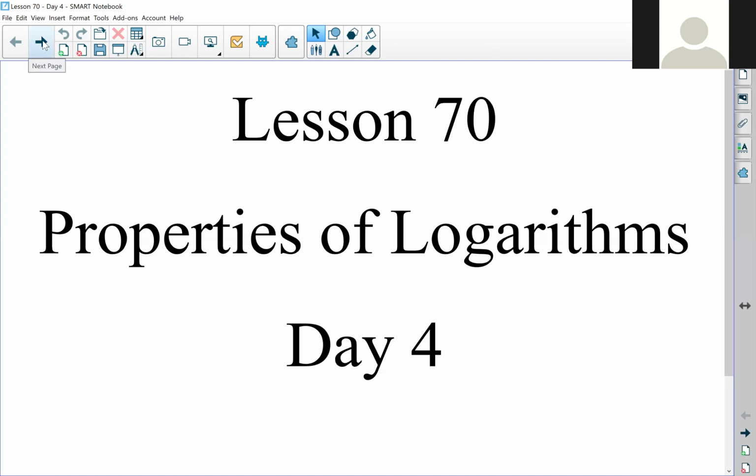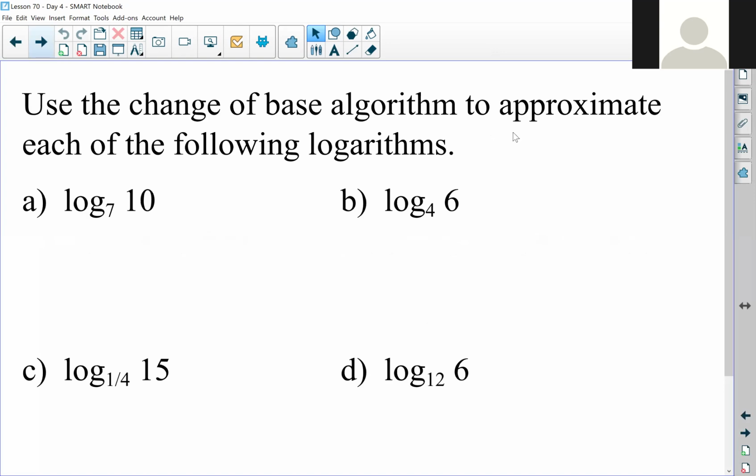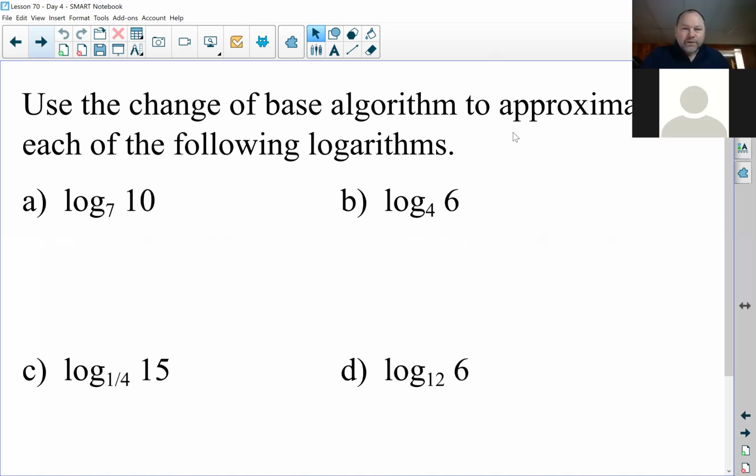The nice thing is, I know with my cell phone calculator, it does have logarithms and natural logarithms, log and LN, which is kind of nice.